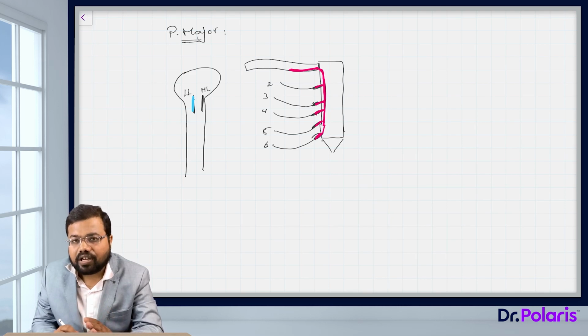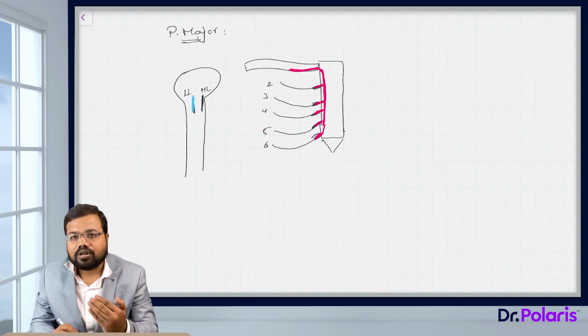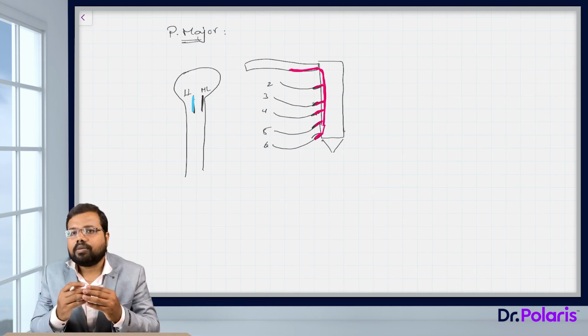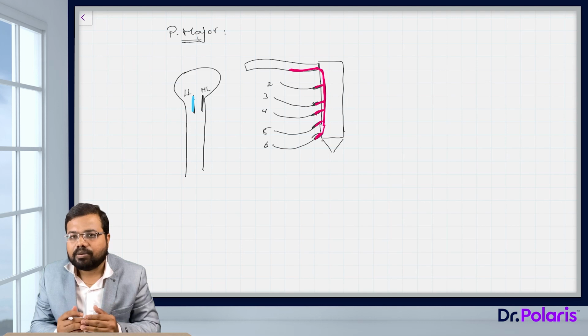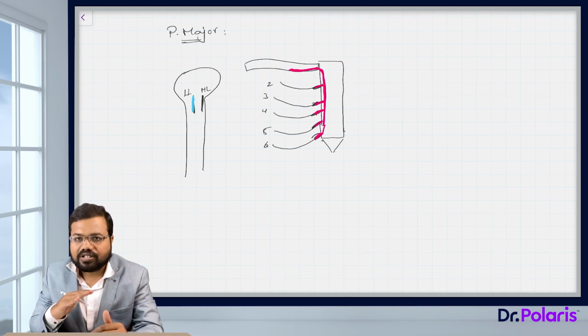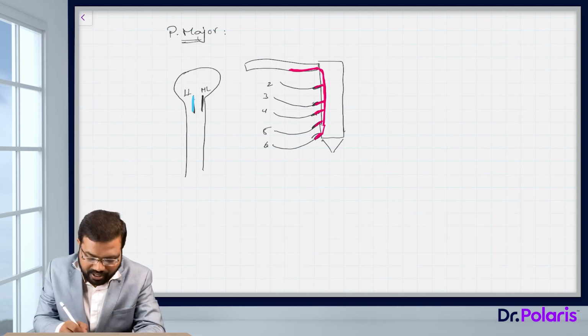The clavicular fibers come down and insert at the lower level, whereas the sternal fibers go upward and insert over the lateral lip. Please remember, even though clavicular fibers are above and sternal fibers are below, the insertion is different: sternal fibers insert above and clavicular fibers insert below. So there is a twisting of the fibers while getting inserted over the lateral lip.